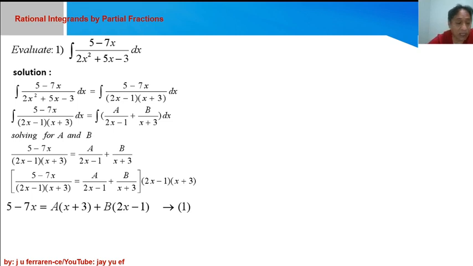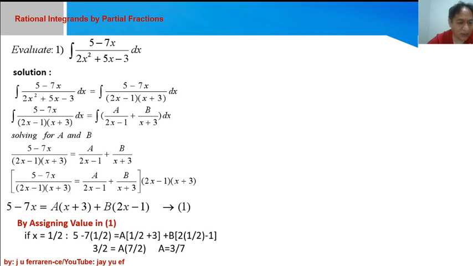So, I can start with a value of x which is 1/2, and that will be substituted to my equation 1. Okay? So, by assigning value, I'm using x equal to 1/2 because 1/2 is a 0 of the denominator. If there is a 0 of the denominator, then it's good to start there.